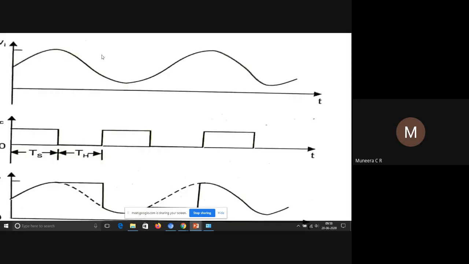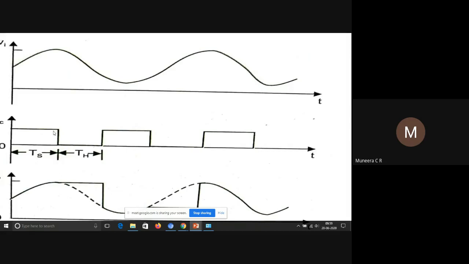Here are shown the different waveforms. Assuming this is our input signal and this is the control voltage, the square wave, the high signal is the charging or sampling time, and this is the hold time.